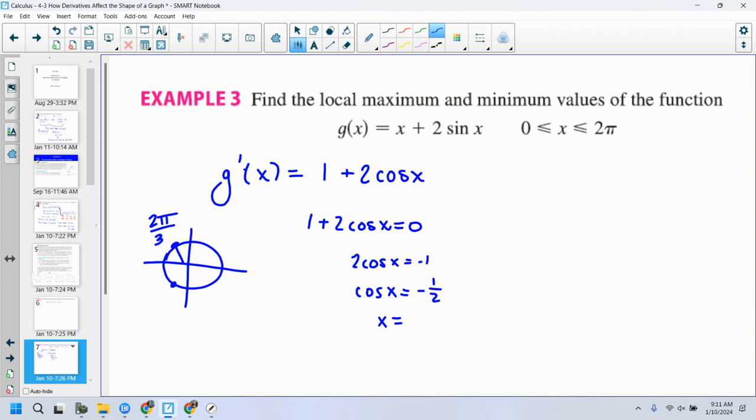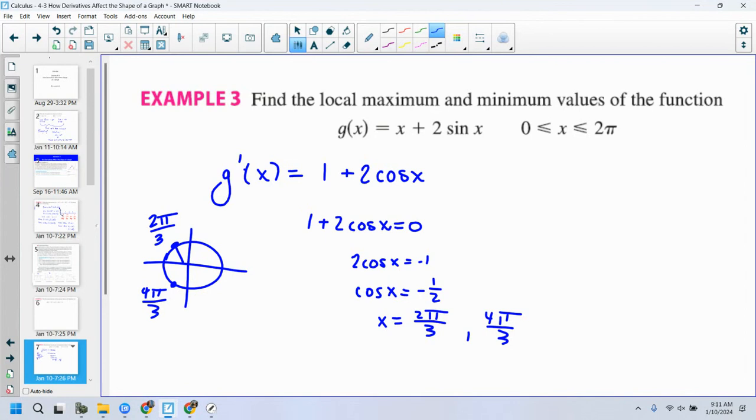Or down here, it's the 1, 2, 4 pi over 3. Right? Yeah, 4 pi over 3. Yep. So we have 2 pi over 3 and then 4 pi over 3 within one rotation of 2 pi, right? 0 to 2 pi. Okay, now let's run the first derivative test on this.